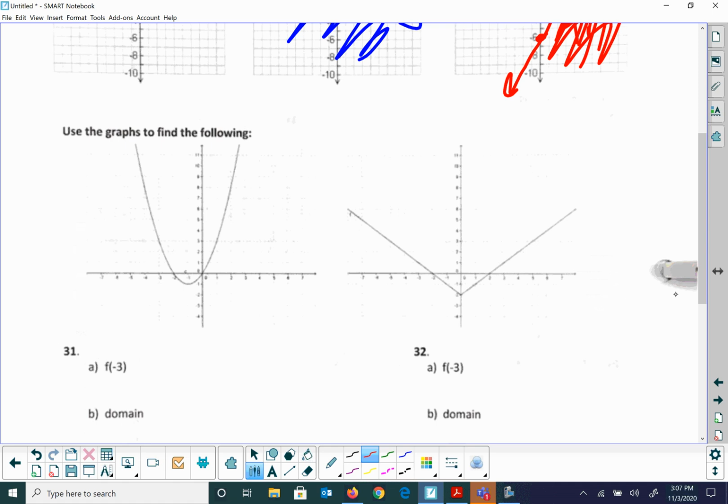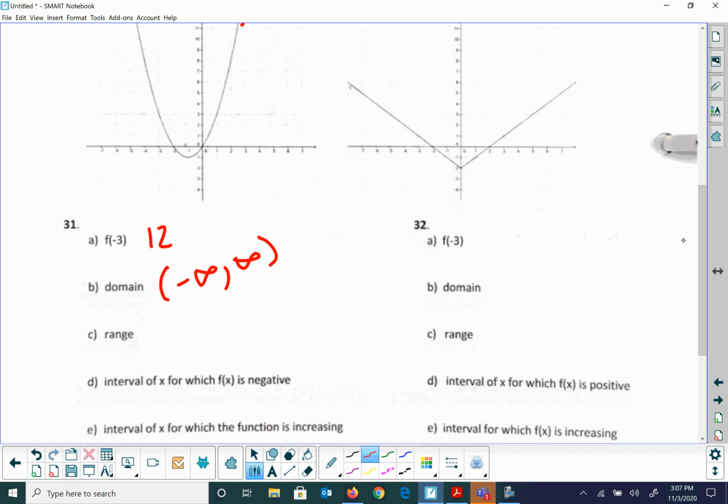Okay, so first one, f at 3, we're going to come up. Function at 3. Gosh, it looks like it'd probably be 12. Domain, it goes forever left, right. The range goes from -1 on straight on up to infinity.